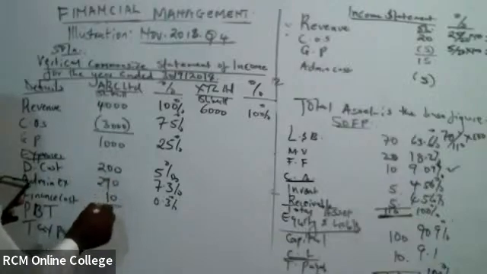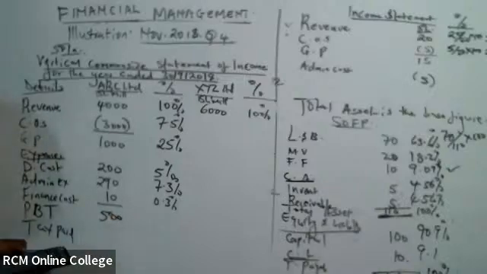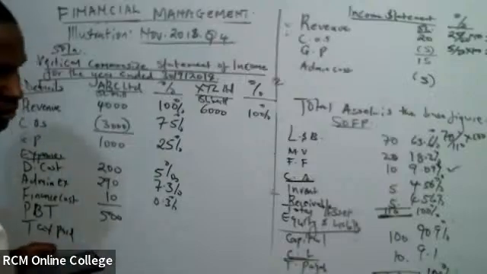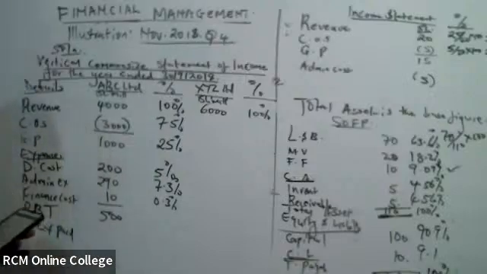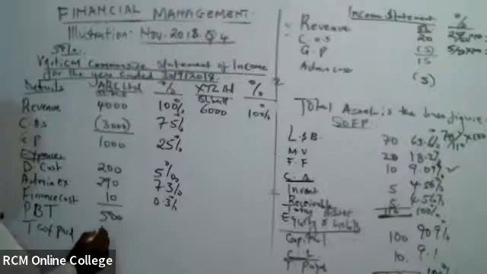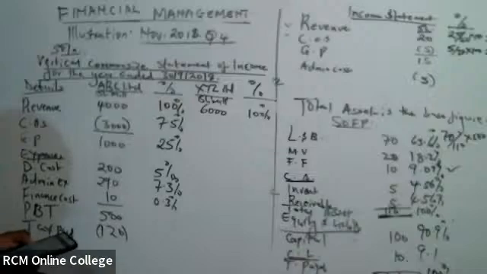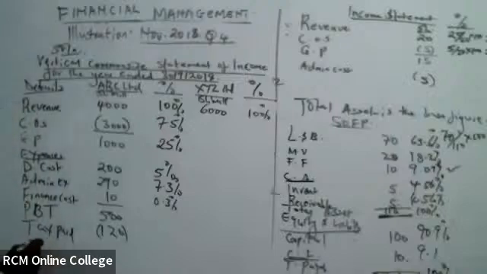If this is 500, this will be 500. What is the percentage of our profit before tax? Tax paid we want to see as 120, then we get profit after tax, 380.